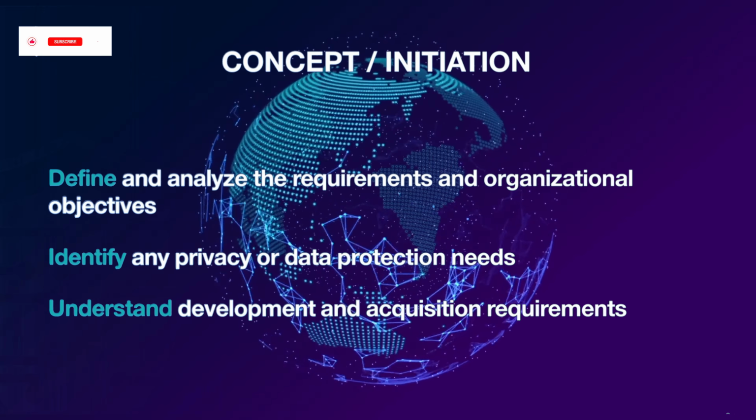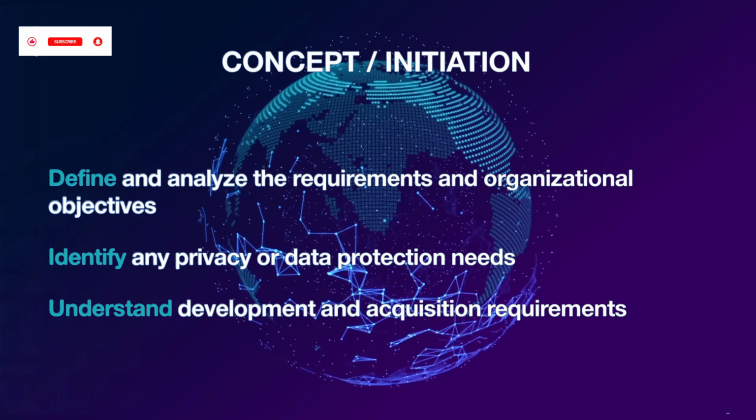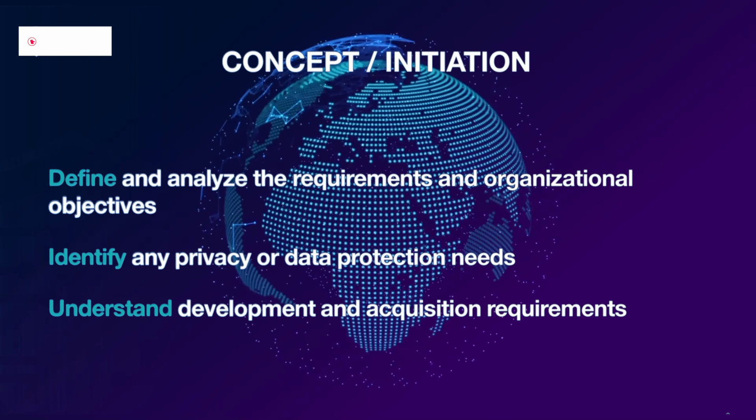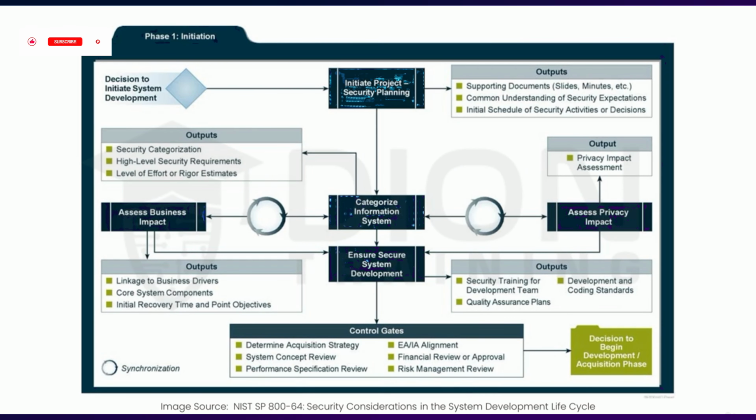So in the NIST special publication 800-64, this is exactly how they break it all down. Again, you have the initiation here, you have the categorize, which is where you are going to do your privacy impact assessment, and then you are going to assess the business impact.